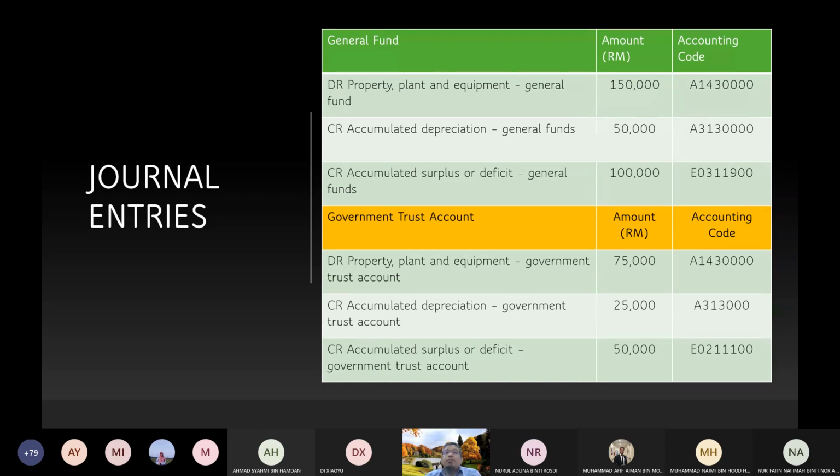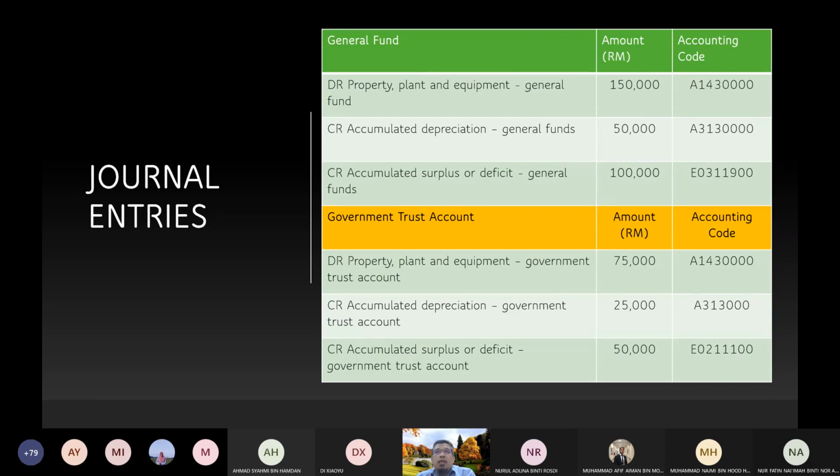Okay, accumulated surplus sounds like retained earnings. I think we discussed that when we discussed fund accounting. So that's for general fund. For government trust account, debit PPE 75,000, credit accumulated depreciation, and basically the balancing figure will be credited to accumulated surplus or deficit account under the government trust account.